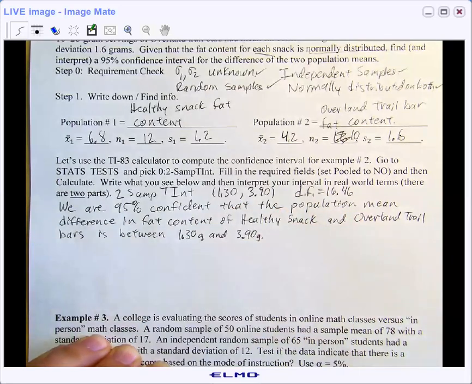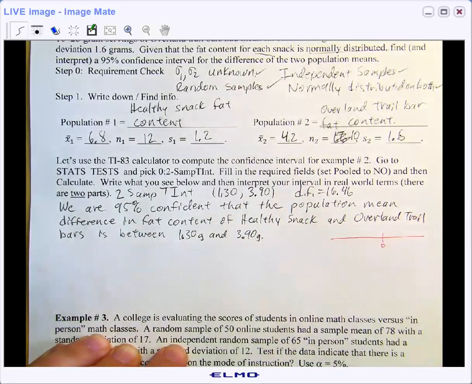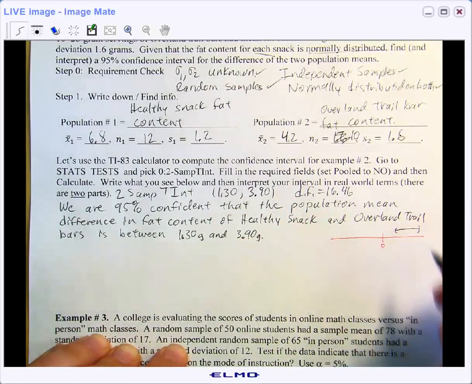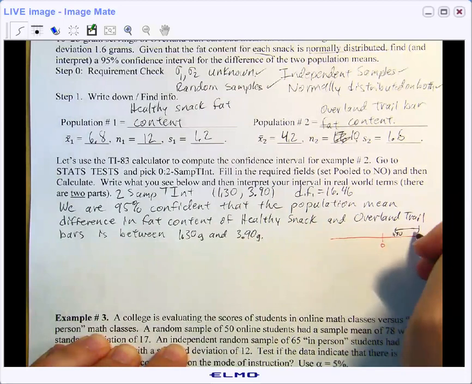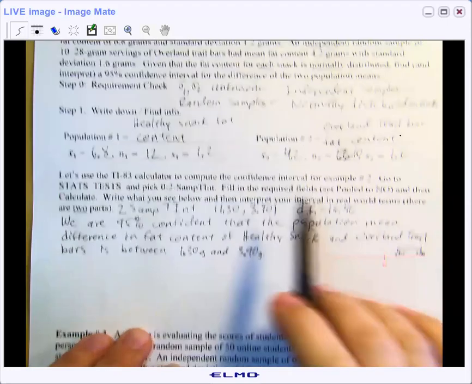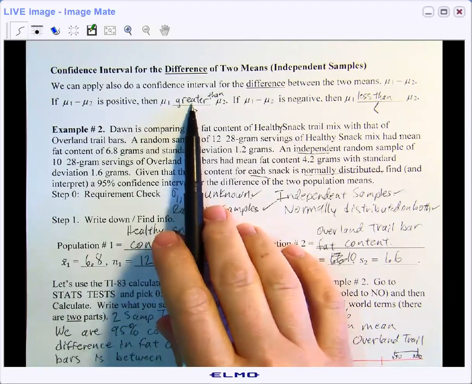Okay, and if we were to take a look at a number line here, notice that the confidence interval for the difference is all on one side of 0, from 1.30 to 3.90. Uh-oh, if the entire difference is positive, that means, remembering earlier, that mu1 must be greater than mu2.